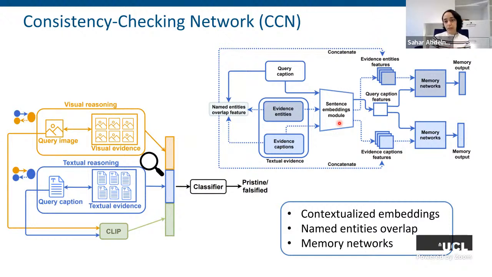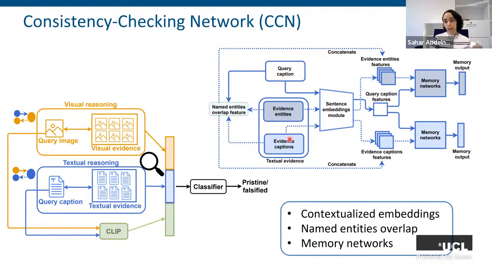These models generally might contain a lot of world knowledge, and this would be helpful in our task, and therefore we utilize these pre-trained contextualized embeddings in order to get strong representations. And also to encourage the model to be more aware of the named entity overlap, we also compute here a binary feature that tells us if there is a named entity overlap between the query and each evidence item.